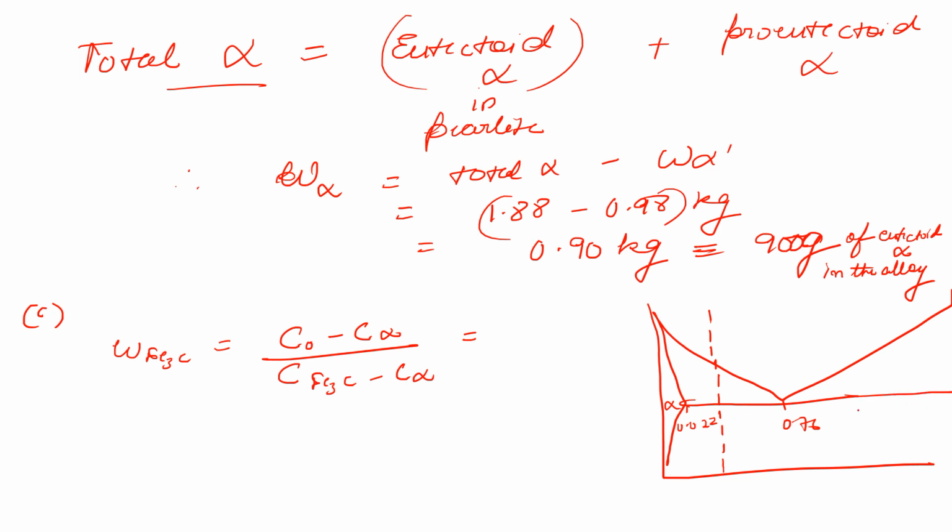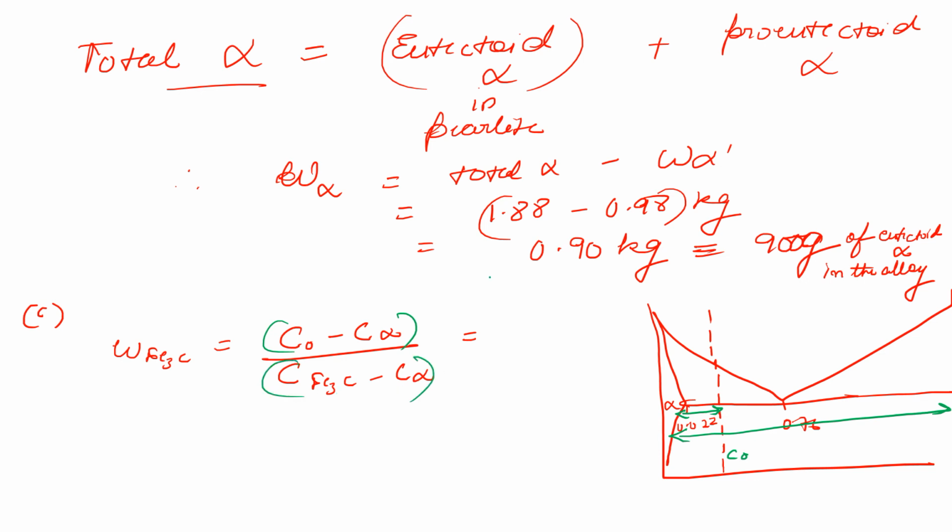So if I want to calculate the fraction of cementite, we need to take the arm that is away from the cementite phase, divided by the total arm, right? The arm of the lever away from the cementite phase is C naught minus C alpha, divided by the total arm, Fe3C minus C alpha.